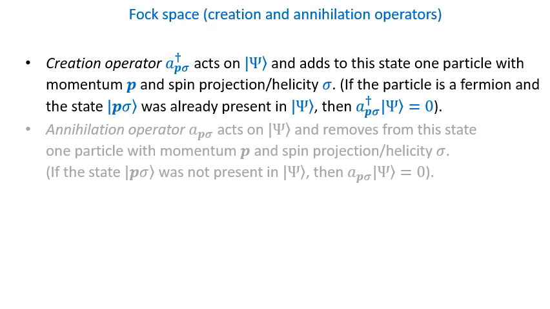Creation and annihilation operators will come to our rescue. Creation operator is designed to add one particle with certain momentum and spin to each vector in the Fock space. For example, if we take the vacuum vector and keep applying various creation operators to it, we can eventually construct states of all possible systems in nature.